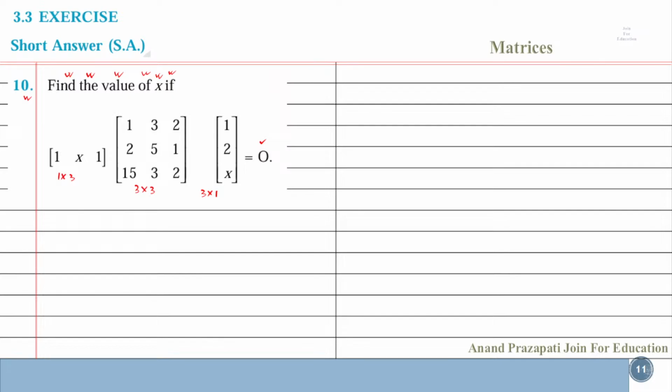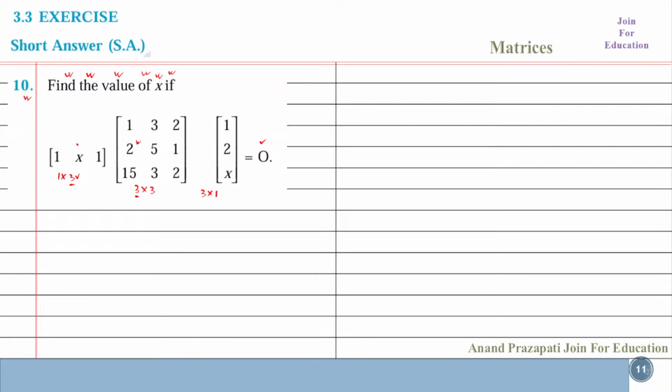So let's see, we have idea about the product of two matrix. Product of two matrix is possible when number of column of first matrix is equal to the number of row of the second matrix. So here number of column of this matrix is equal to the number of row of this matrix.